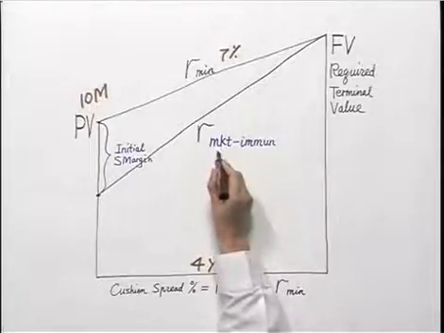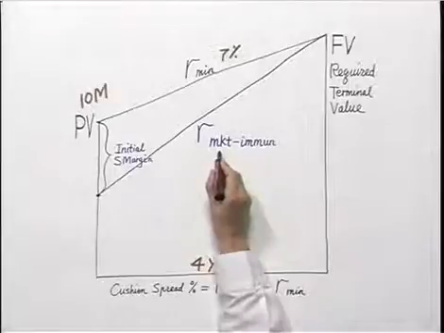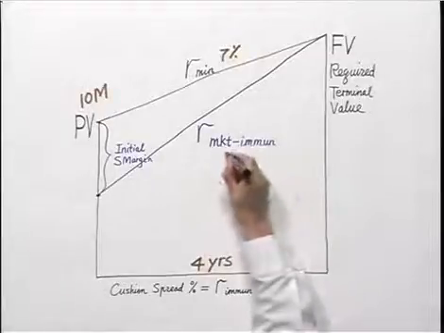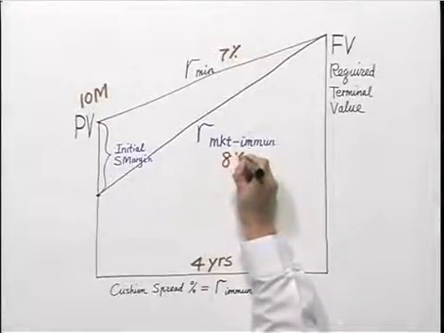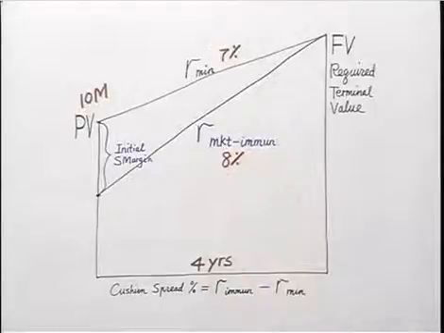Then later on in the problem, they would say the current bond market gives you opportunities to immunize your portfolio at a rate of 8%. Now we need to do some calculation. We know the cushion spread, that's easy.